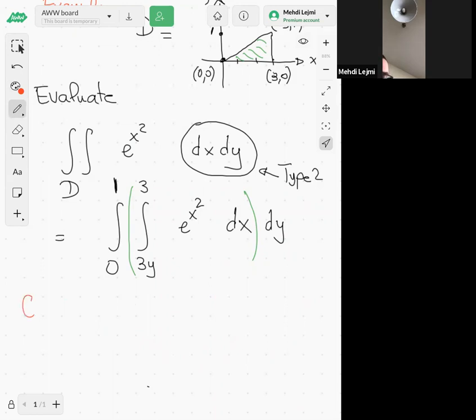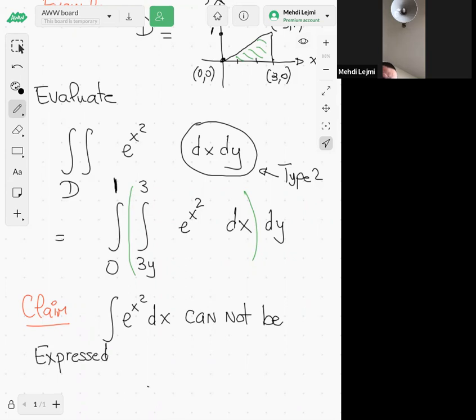So there's a problem here, because the integral of e to the x squared cannot be expressed as a combination of elementary functions.